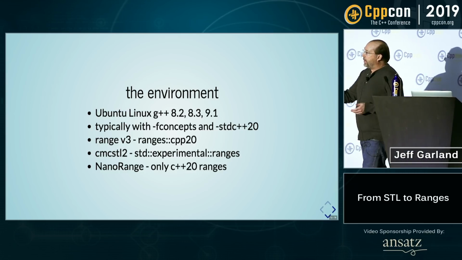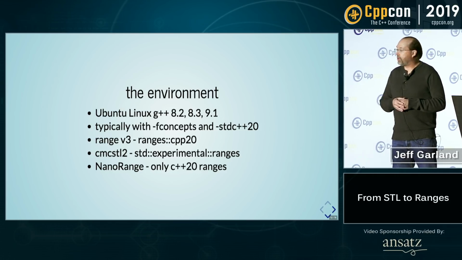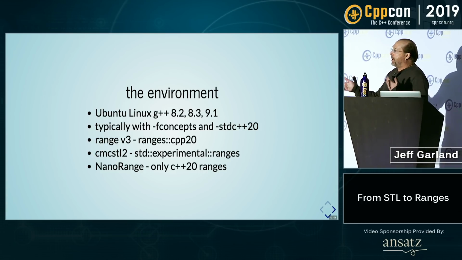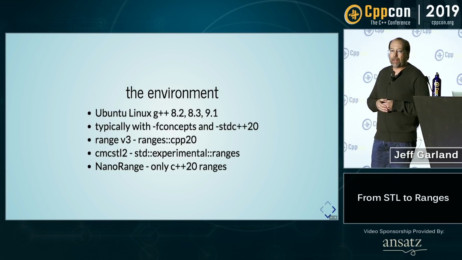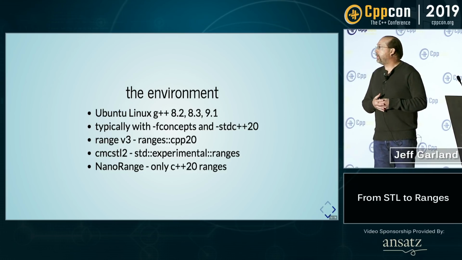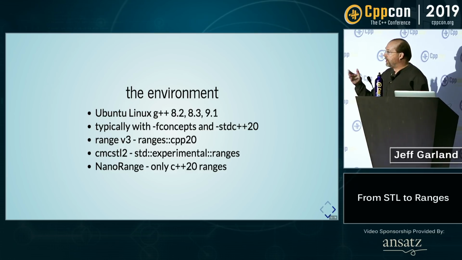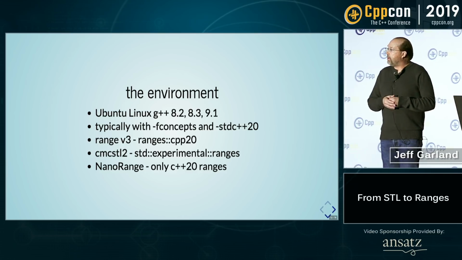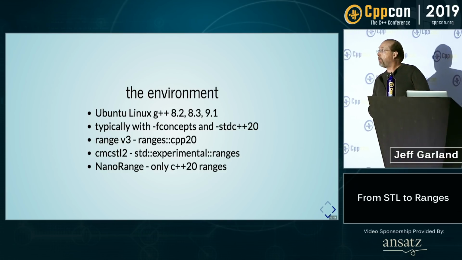So there's 3 canonical implementations. Range v3, of course, is Eric Niebler's. That's the most famous one. If you ask for the ranges cpp20 namespace, that will get you the C++20 part of the library. CMC STL2 is Casey Carter's, and you use std experimental ranges to get the C++20 part.